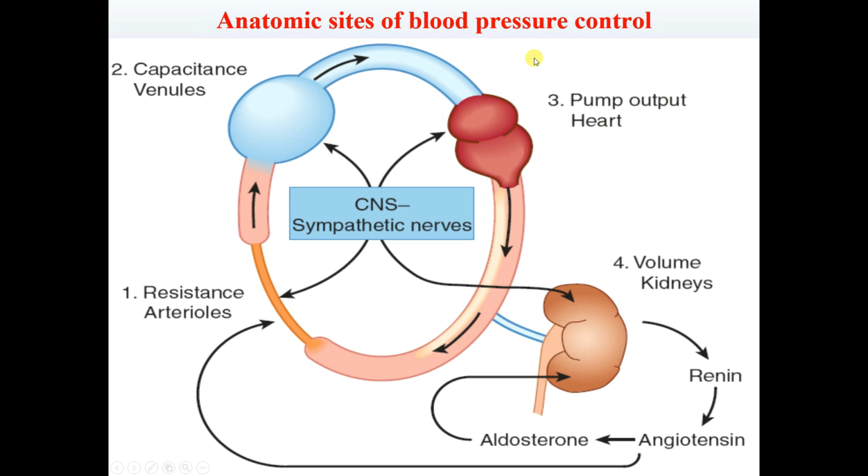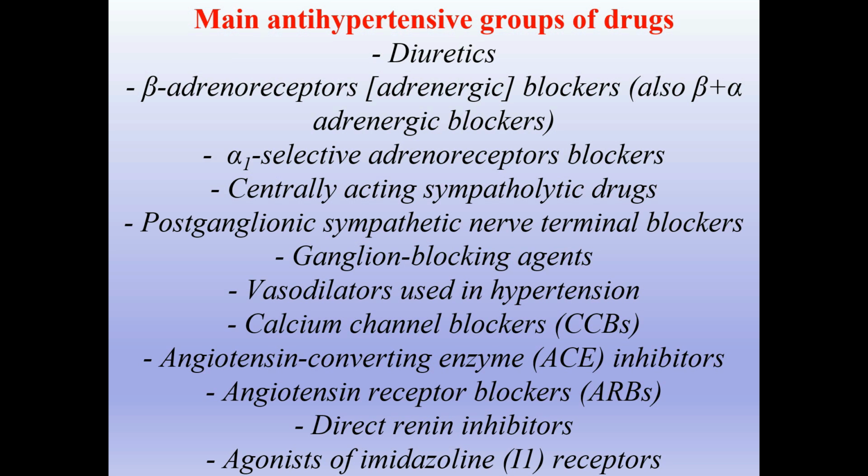And here you can see anatomic sites of blood pressure control: resistance, arterioles; capacitance, venules; pump output, heart; volume, kidneys. Main antihypertensive groups of drugs.